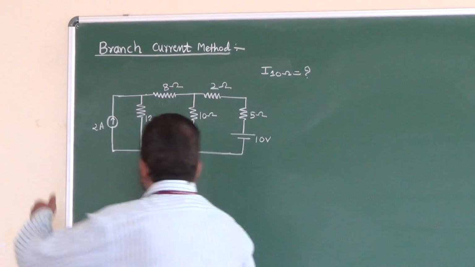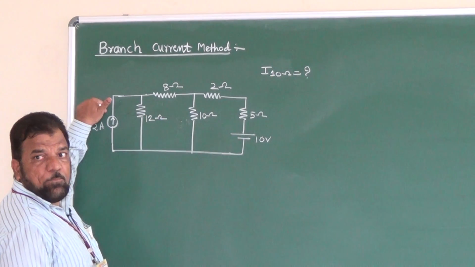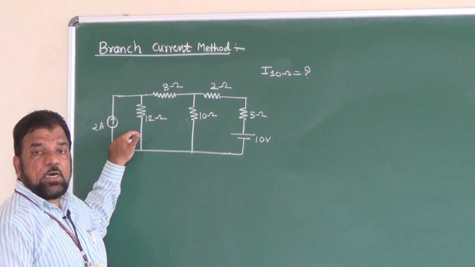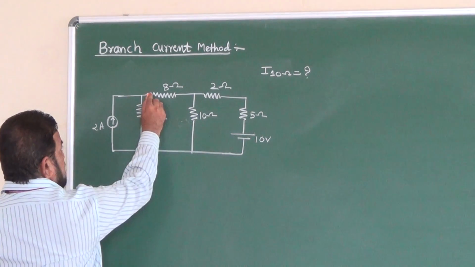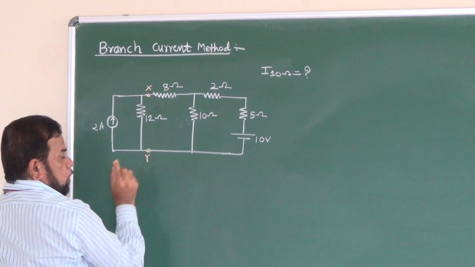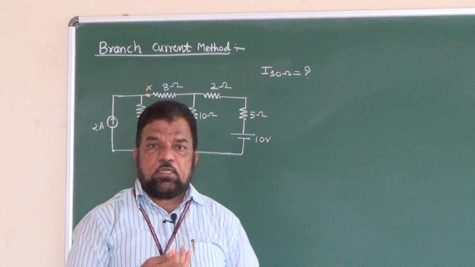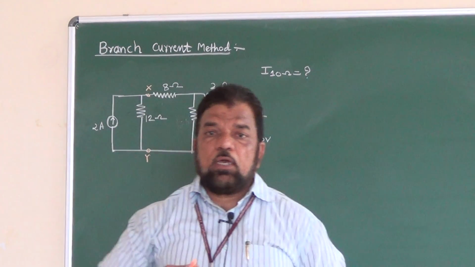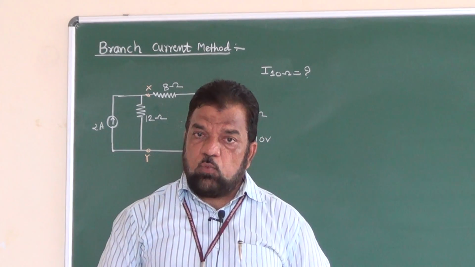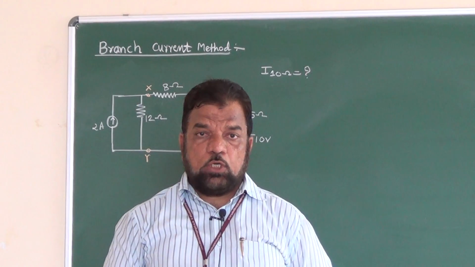See here, the current source is of value 2 ampere and a 12 ohm resistance is in parallel. If I place this point as X and here Y, then to the left of points X and Y, I have a current source in parallel with a resistance. I will convert that into an equivalent voltage source.